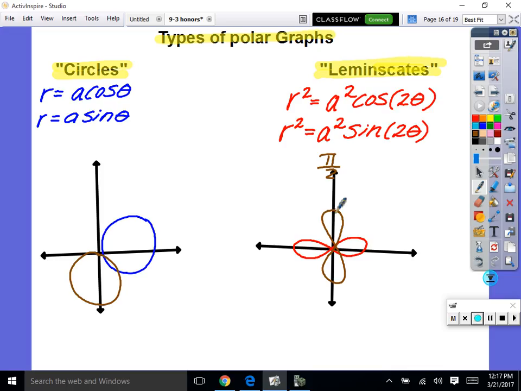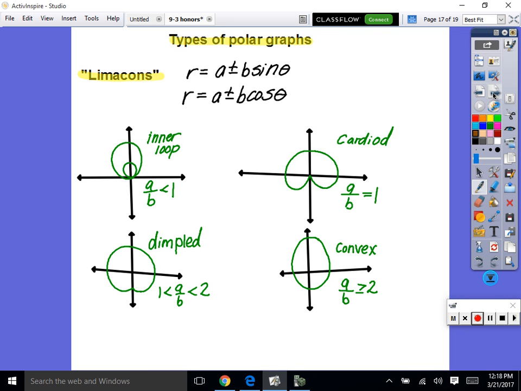Lemniscon. I'm pretty nasty, I can't say it. Okay, will you pronounce it for me? Lemniscate. Let me show you a skit. That's what it sounds like. Oh, I don't know. Okay, here you go. This type of polar curve is called a lemnicon.